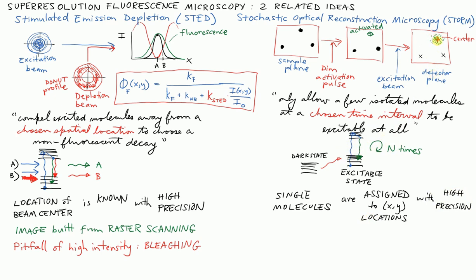How do we build up images in this case? Images in STORM are constructed by adding together many frames like this. You make a few red crosses in the first frame, a few more in the next frame.